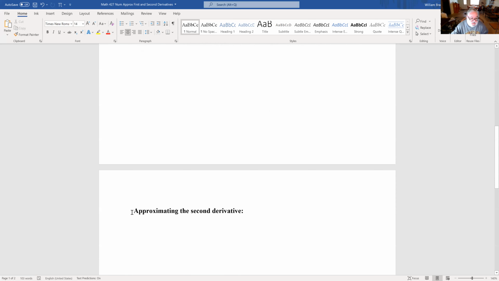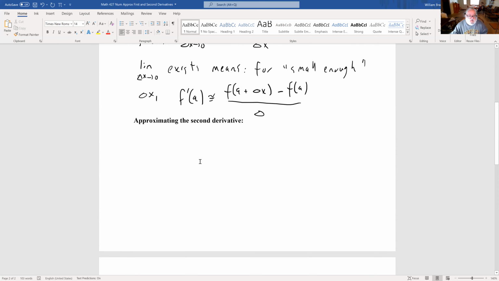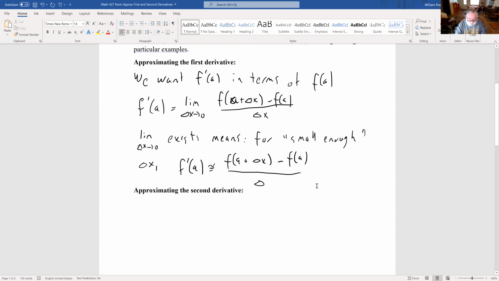Okay, approximating the second derivative now. I'll just pull this up a little bit so we've got some space. So we want to now know, this is a little bit trickier, the second derivative in terms of the function f.